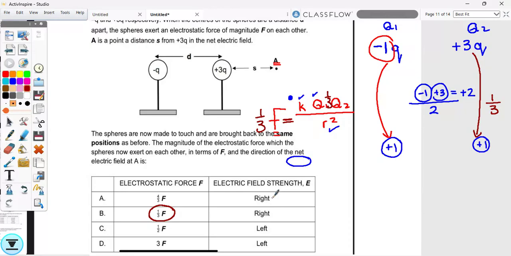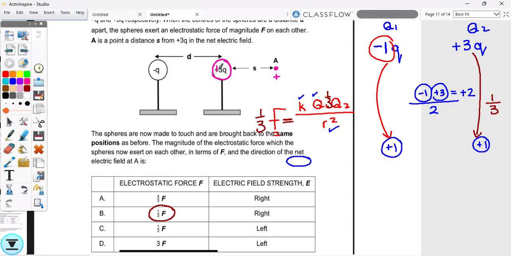But let's just check the electric field strength, because we need to talk about that as well. If you're looking at the electric field strength, you must always pretend that you are a little positive sitting at that point. So there is no charge, but if you're pretending that you're a little positive sitting here, you need to think, okay, what field do you experience? You experience a field due to this one here, due to the 3Q, which is now actually just Q. But they're just caring about the direction.